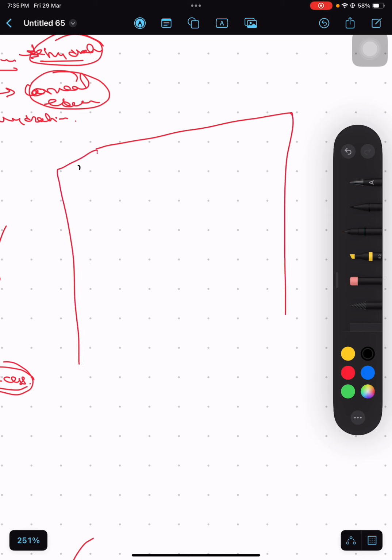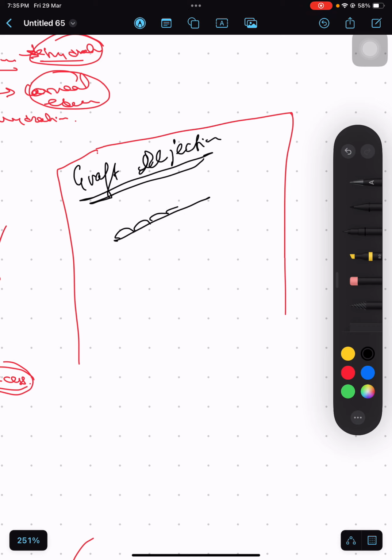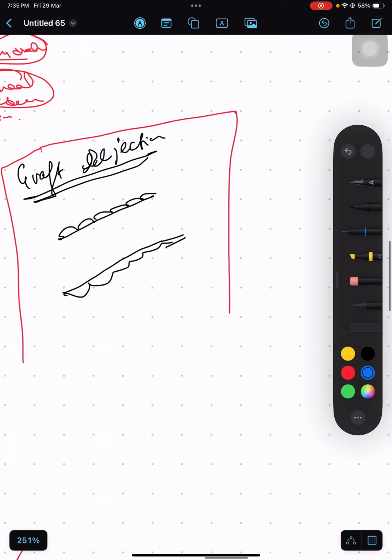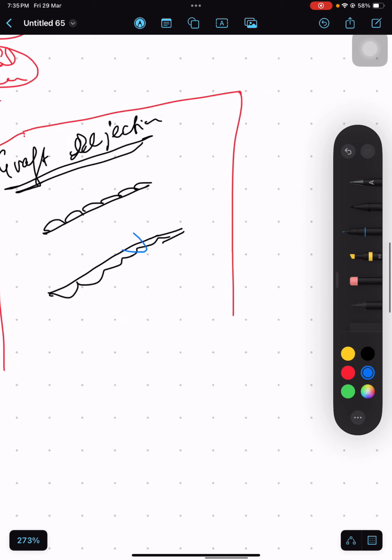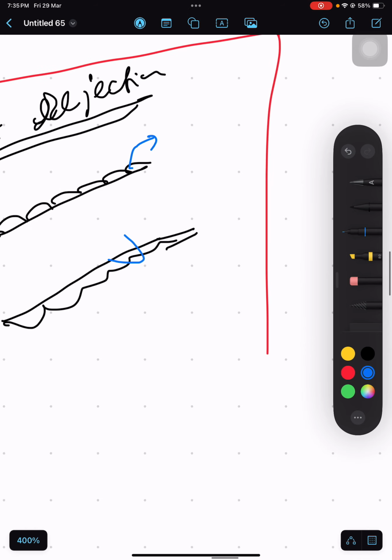We want to talk about graft rejection. If there are graft rejections, we need to know what the different names are for epithelial, Descemet's membrane, stromal, or endothelial graft rejections. This ophthalmology is all about names. It's very difficult to understand.